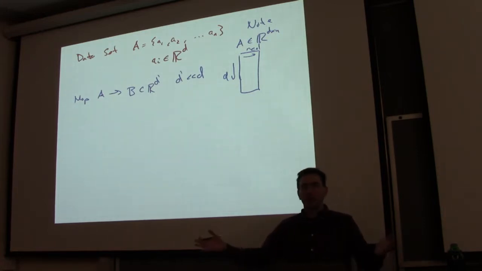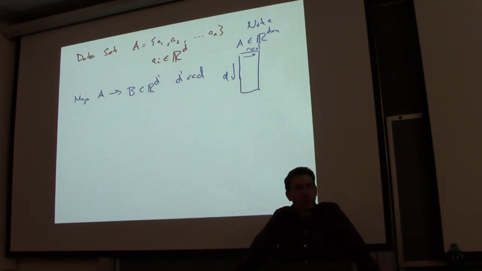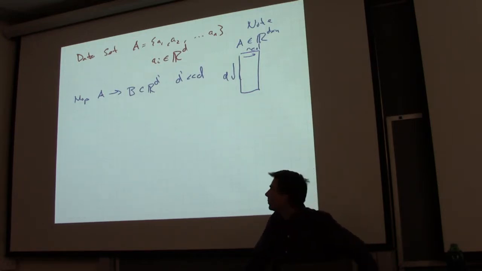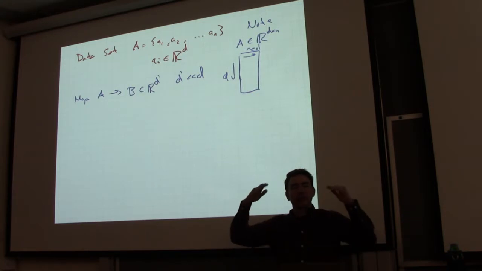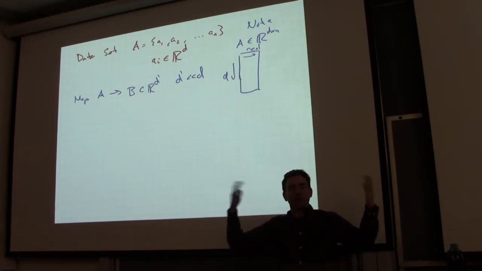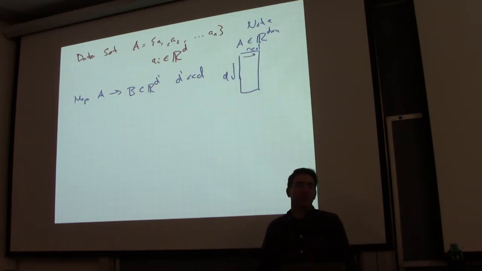We talked about one way how to do this already. So what was the one where we talked about how to do this? Multidimensional scaling is close. Multidimensional scaling takes as input a distance matrix, so it has all the distances between all pairs of points.